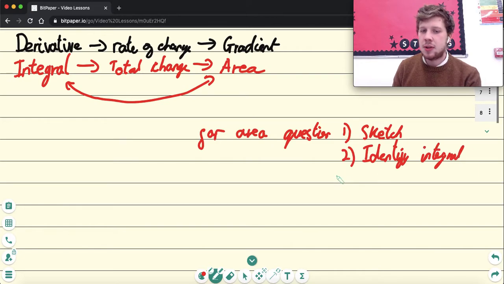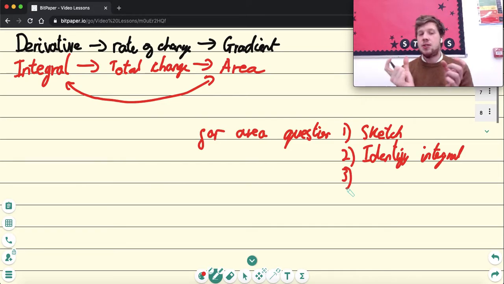And the last thing I'm going to do is combine and construct. I'm going to combine my integrals if I have more than one, and I'm going to construct what my total area would be, because I could get some negative space, I could get some positive space, and I need to construct that final answer for the total units that are covered.